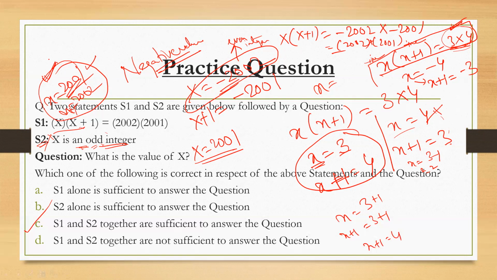Similarly, for the second one, we are getting x is equal to minus 2002. So here when we see that x is an odd integer also, when we combine both of them, in this scenario we do find there is only one such value. So S1 and S2 together are sufficient to answer the question. I hope this is clear.